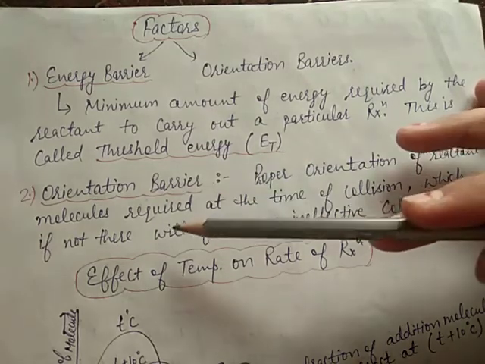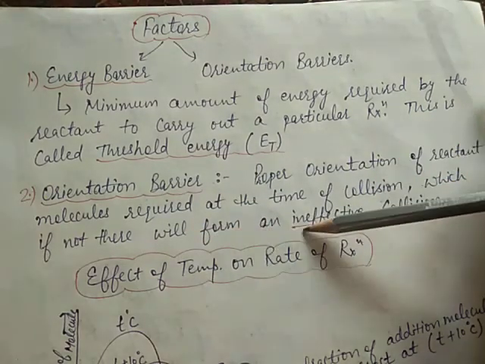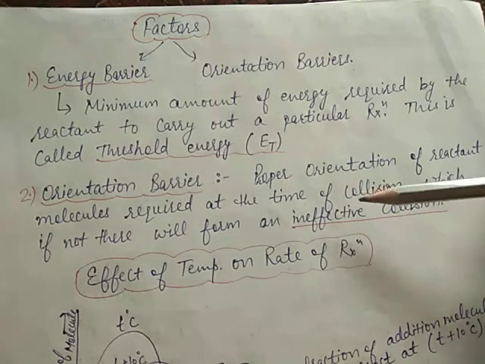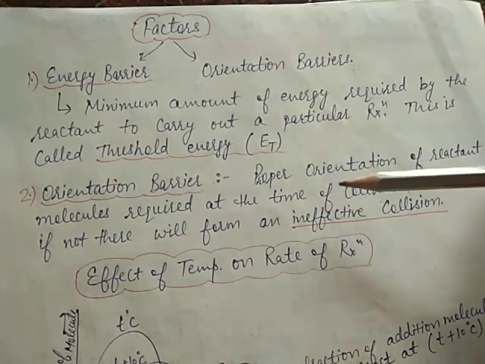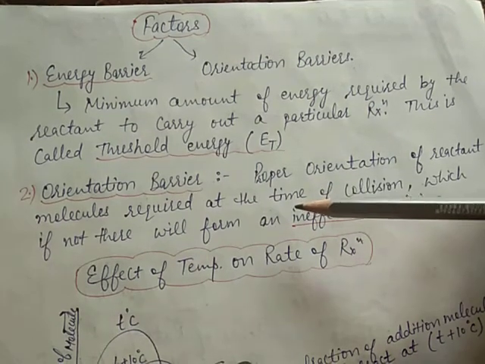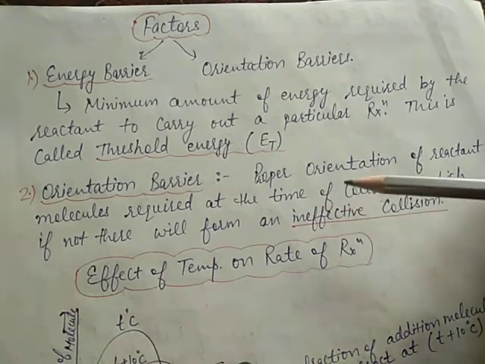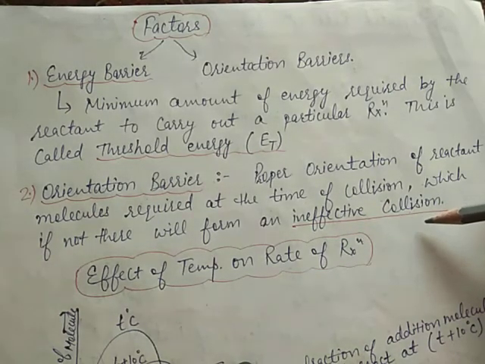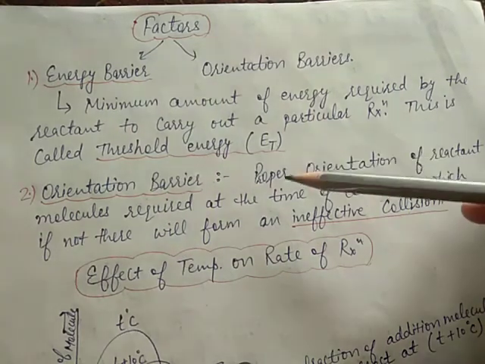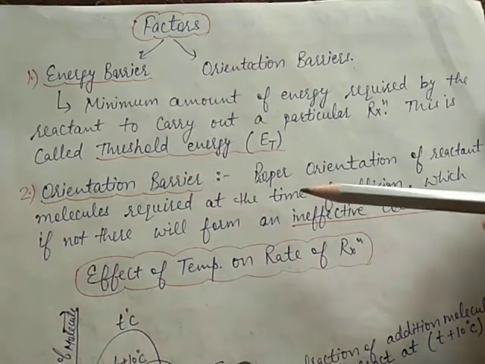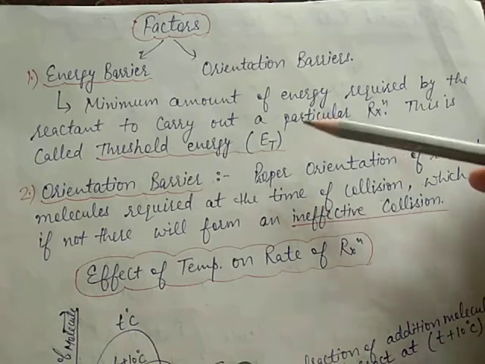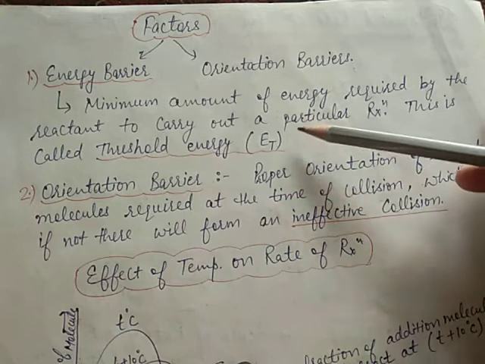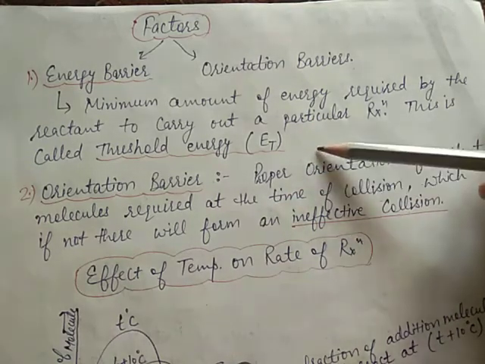If it is not there, then it will not form an effective collision. If the reactants do not have proper orientation at the time of collision, we call it an ineffective collision. So we can say that for a collision to be effective, both barriers, the energy barrier and the orientation barrier, should be simultaneously overcome.